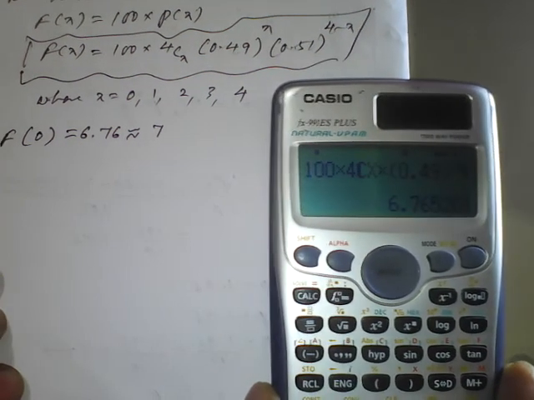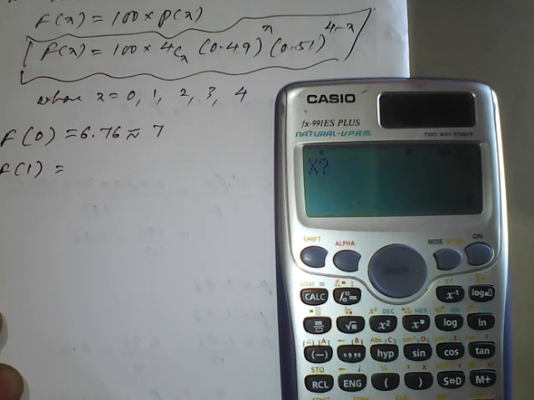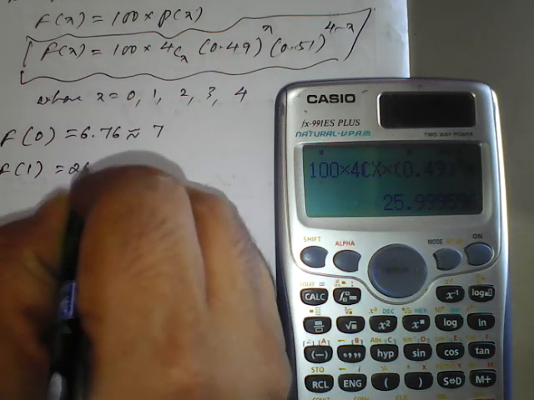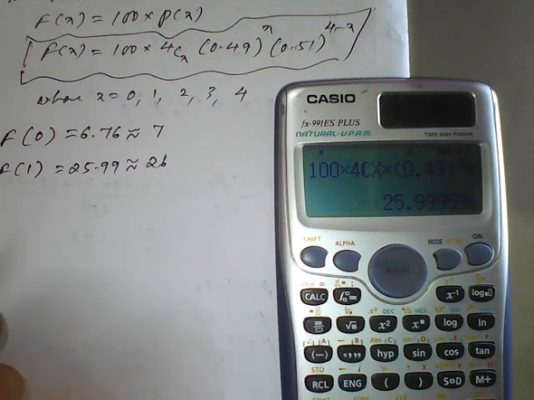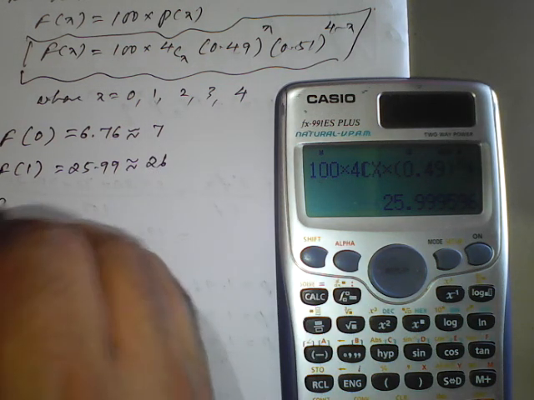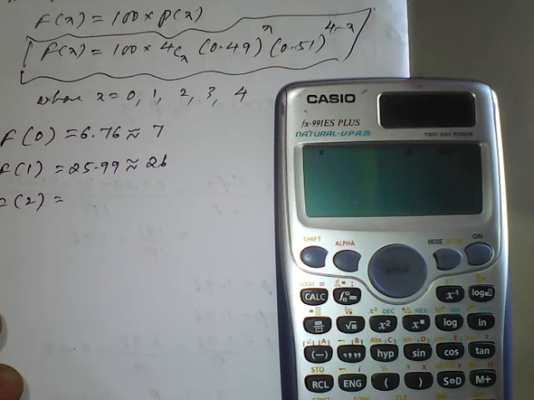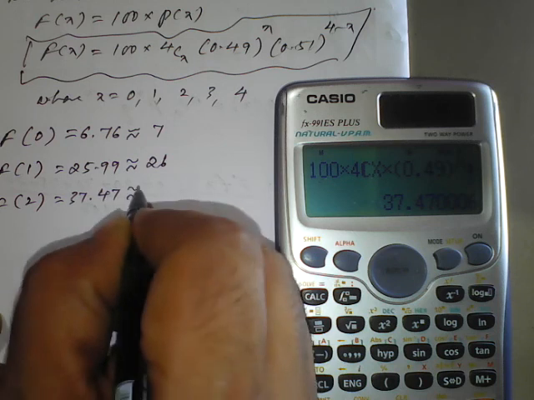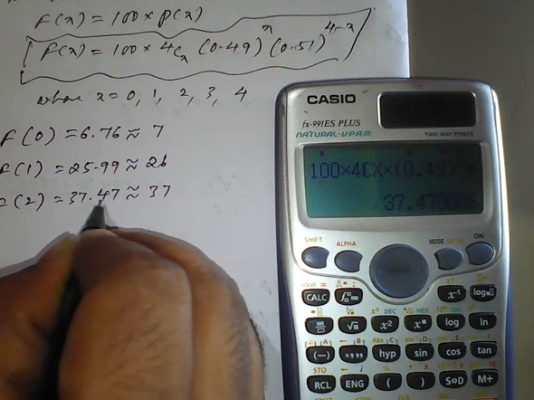Next, f of 1, calc option. When x is 1, the result is 25.99, which is equivalent to 26. Next, f of 2. When x is 2, it will be 37.47, which is equivalent to 37, because you just see the first decimal number.